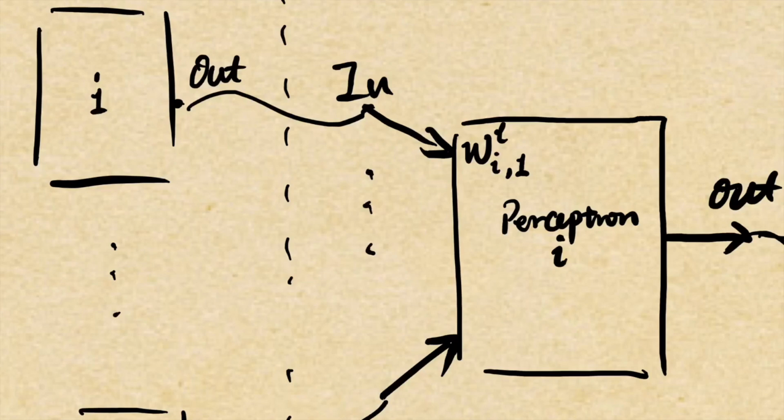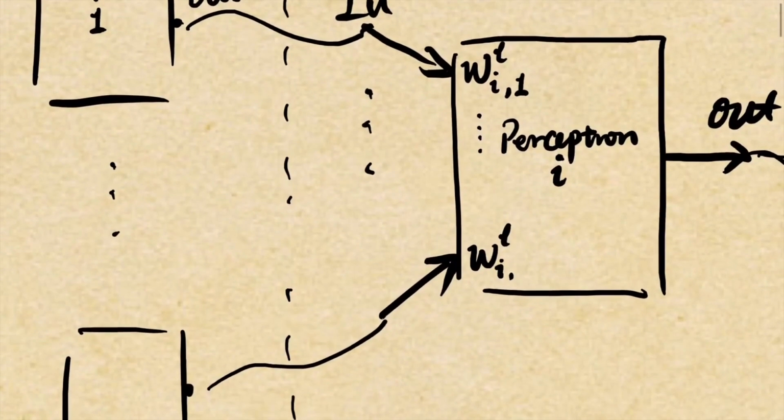Okay, let it be the first perceptron, and go all the way to the weight of the ith perceptron of the Lth layer to, let's call it, the pth perceptron of the previous layer.